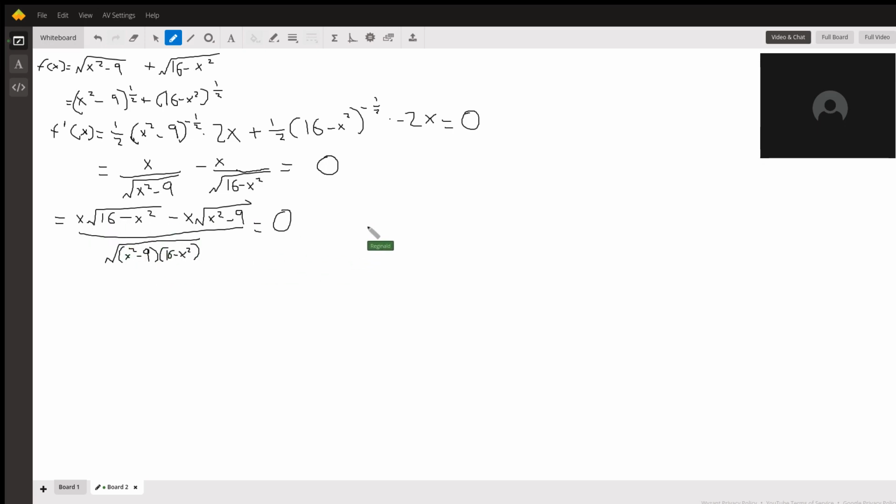So I could factor an x out of the numerator.